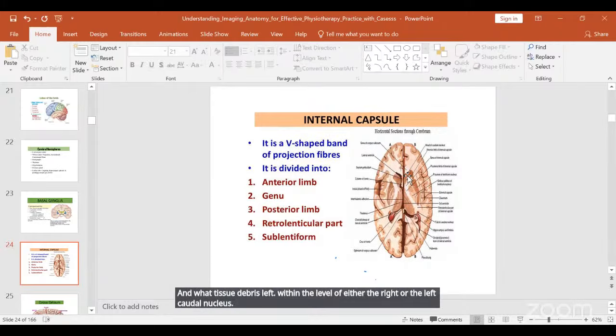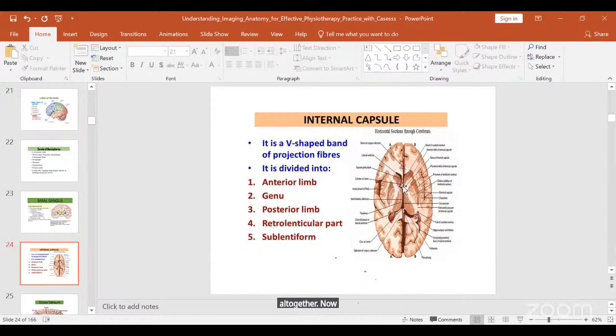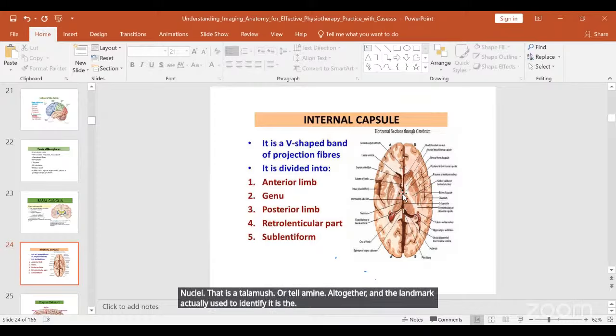Are we together? Now, still along the midline, when I come down beneath it, on the two sides of the hemisphere, I will see what we call quadrangular shaped nuclei. That is the thalamus, or thalami. Are we together? And the landmark I should use to identify it is the third ventricle.